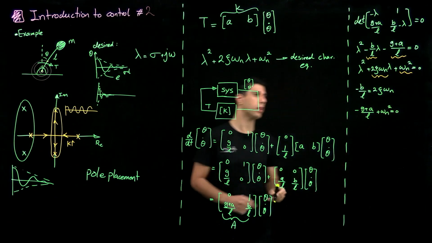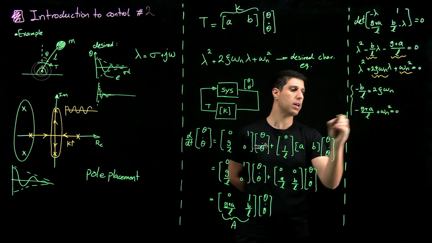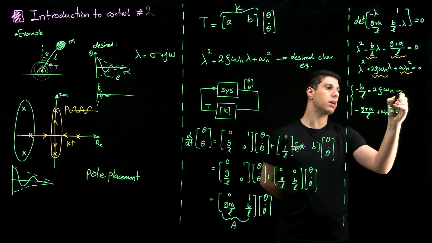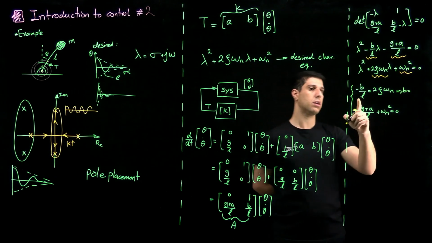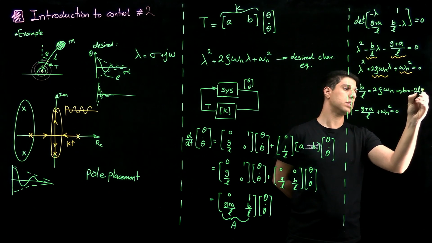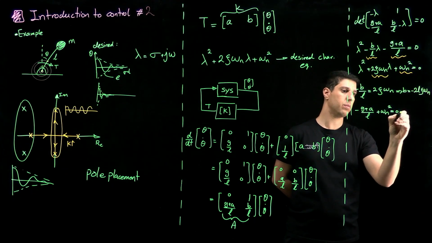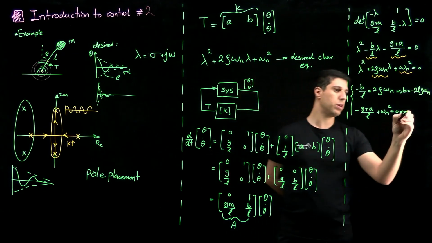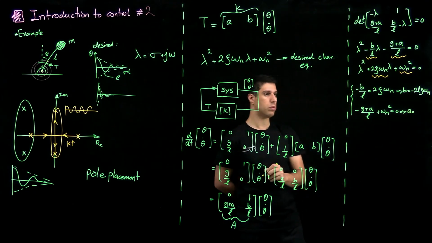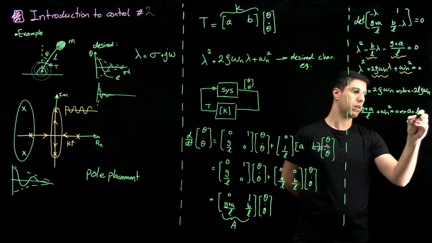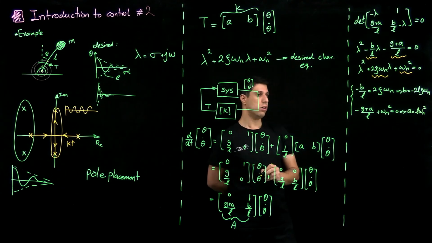So I have these two equations, and from here I can calculate my B, which is minus 2L z omega n, and from this one I get A. I do mental math, which I'm not good at. L omega n squared plus G, I hope.